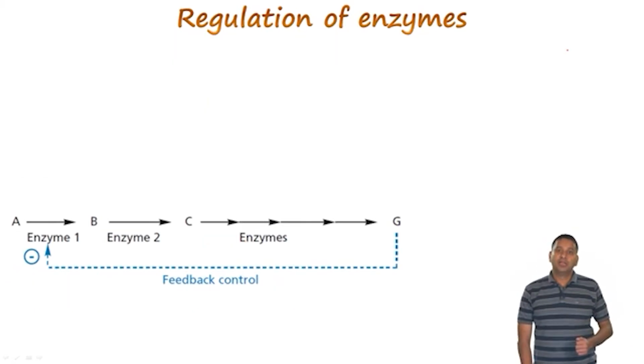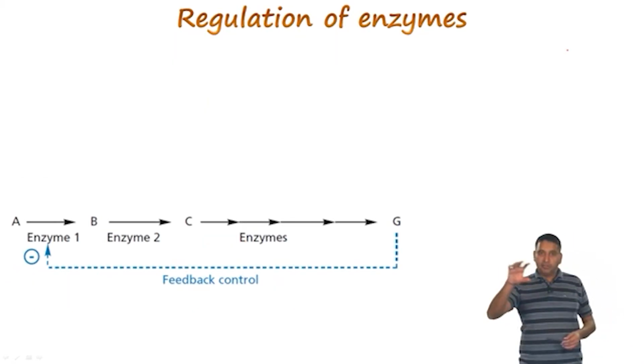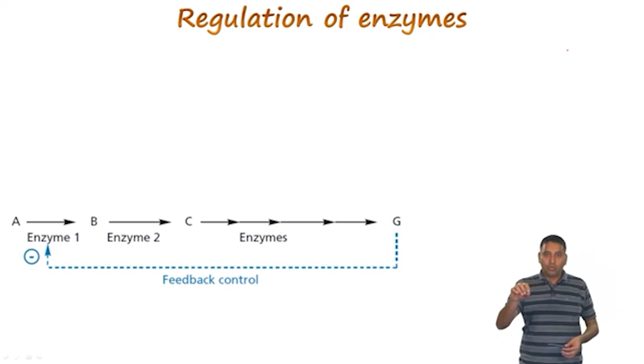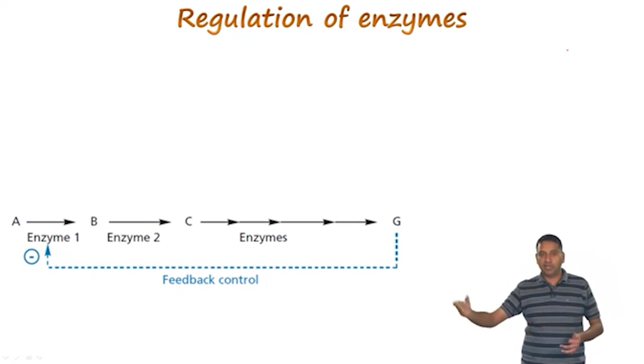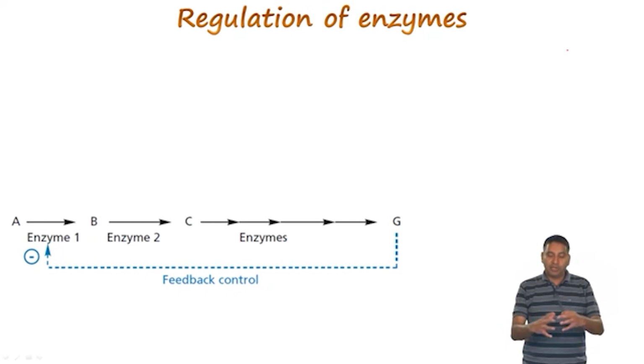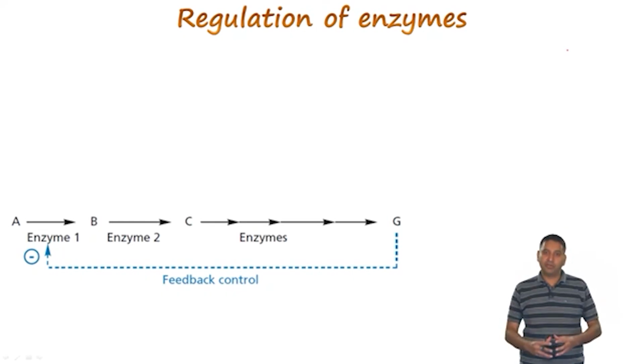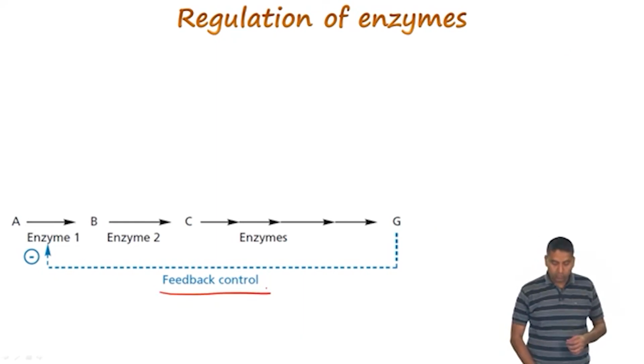Now, once the enzyme has done its job, you would need the enzyme to stop working after some time. Otherwise, it will just keep on consuming the substrate and giving you the product. So, enzymes have to be regulated inside the cell. One of the mechanisms by which an enzyme is regulated in the cell is called feedback control.